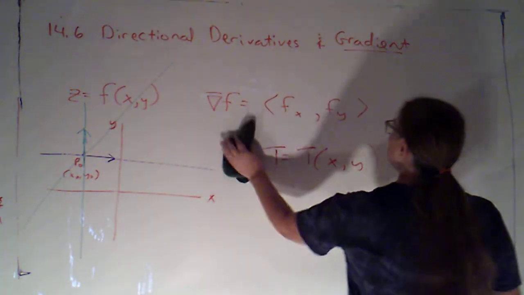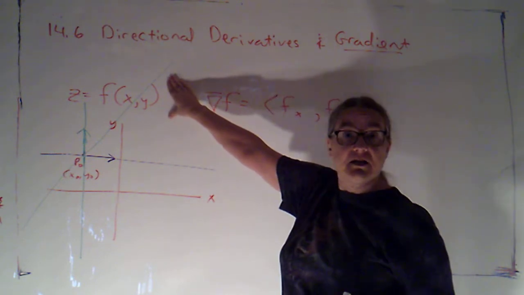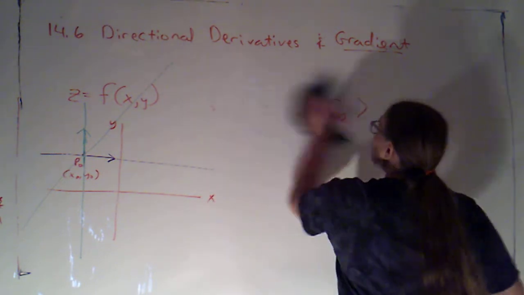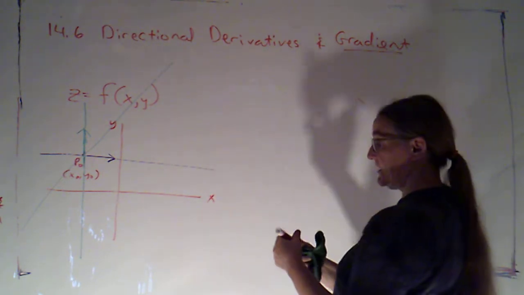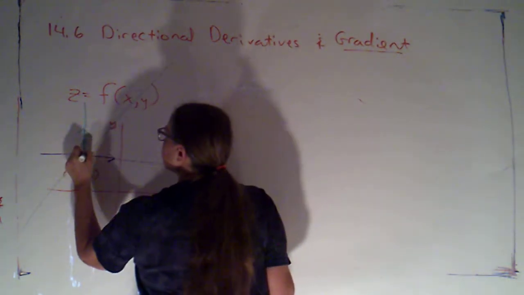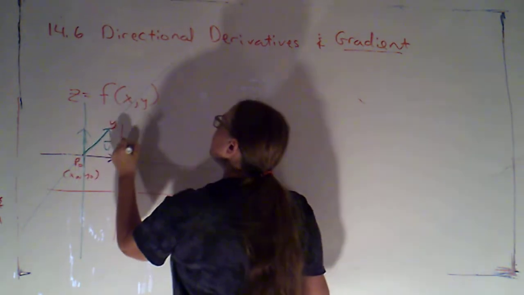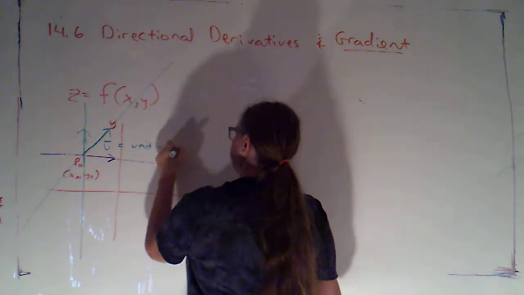What I'm going to do, since we're creating this curve by just restricting the domain to be points on the line, is I'm going to parameterize my line. Okay. So I'm going to let u be a unit vector.